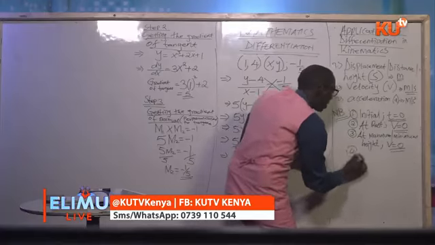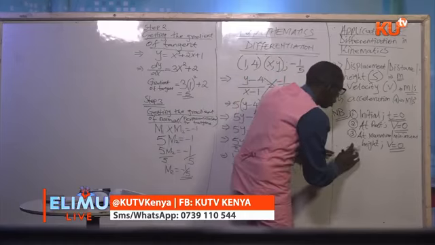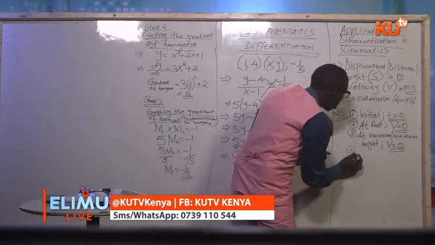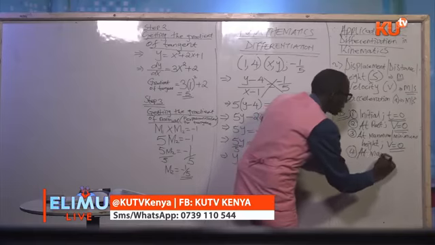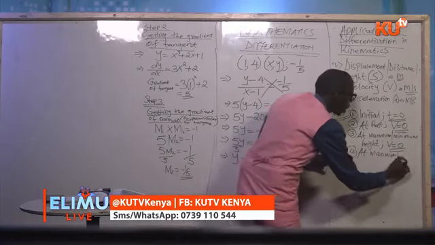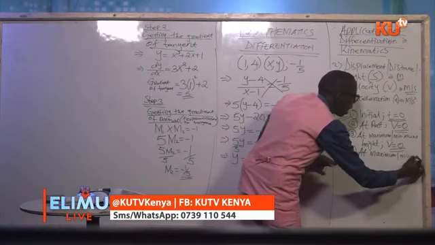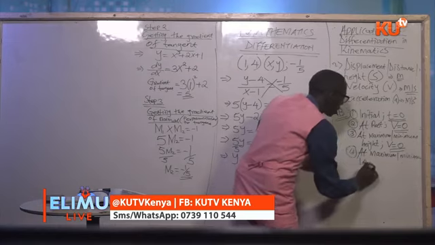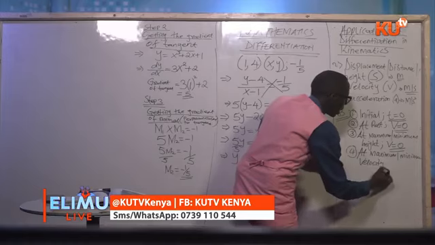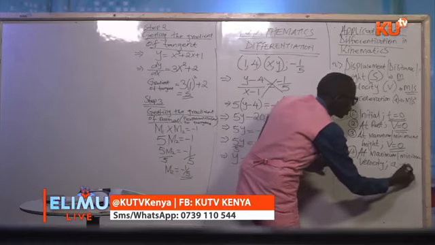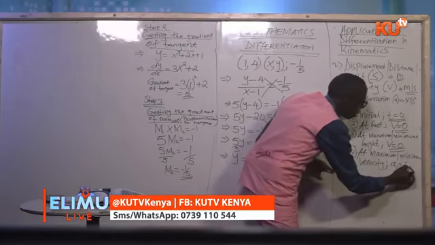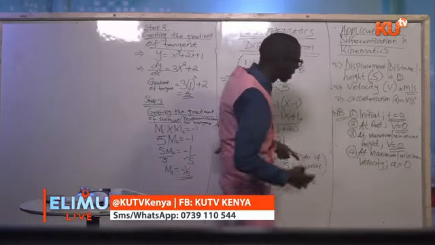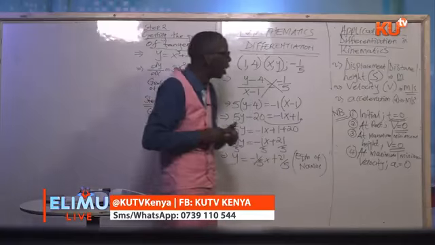And lastly, at maximum or minimum velocity, acceleration is equal to 0.